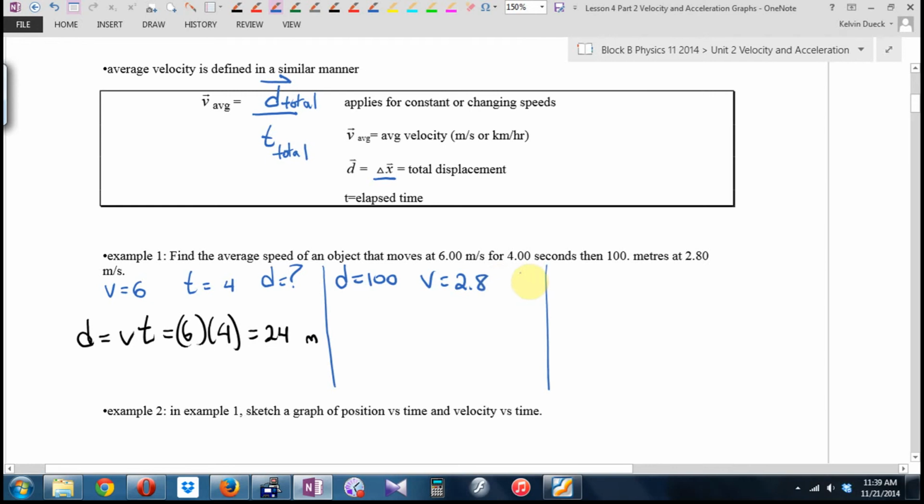You know what? I'd kind of like to find time. How can I find time? Well, let's look at this little equation right here. See the t? I'd like to get it by itself. What else is on the same side as that t there?